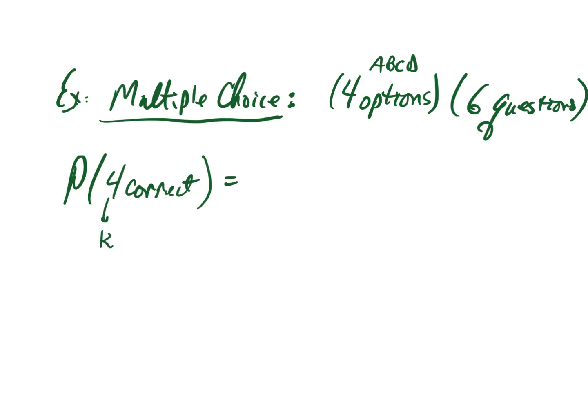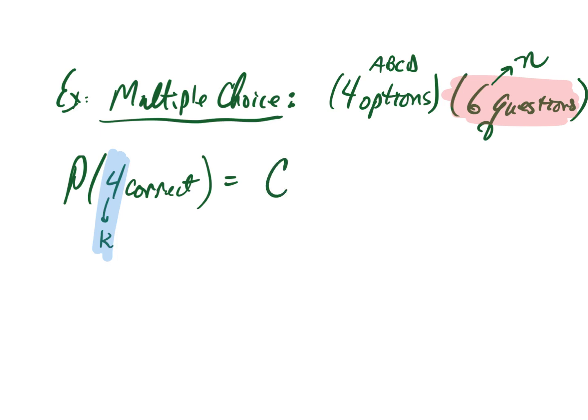So 4 then becomes our number of successes. So that would be the number of successes. And our total number of questions then is 6. That's the number of questions that we have overall. Okay, so that's our trials. So we have our n value, we have our k value, and now we just apply the formula.